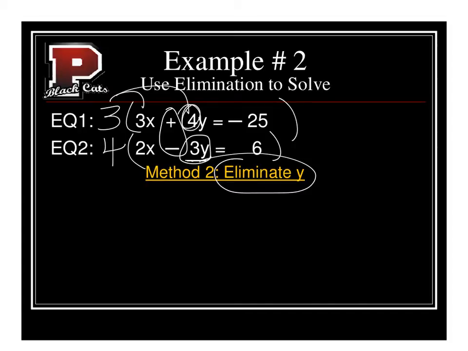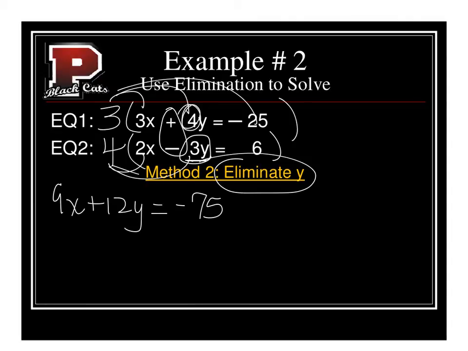So all I have to do is distribute. So I get 9x plus 12y equals -75. And then when I distribute with the second one, I get 8x minus 12y equals 24.